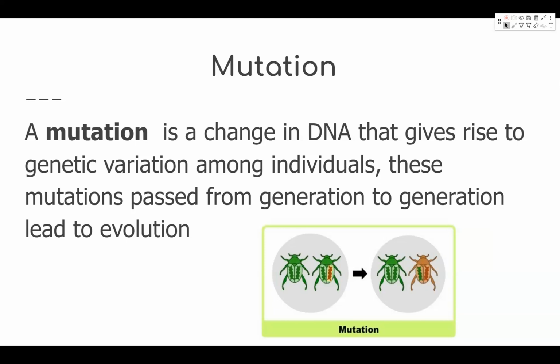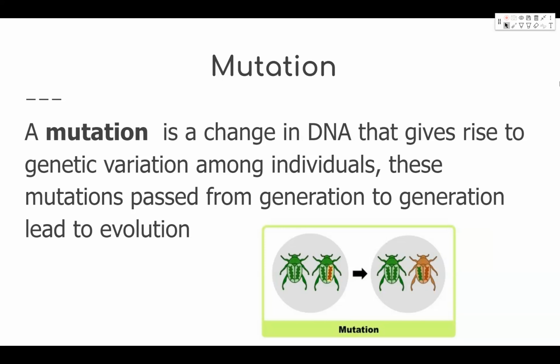So for example, here we had 2 green bugs, and this bug underwent some sort of mutation, a change in their DNA sequence. And that change in that DNA sequence led to a change in coloration, meaning that bug turned brown.